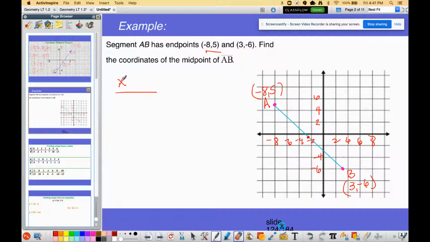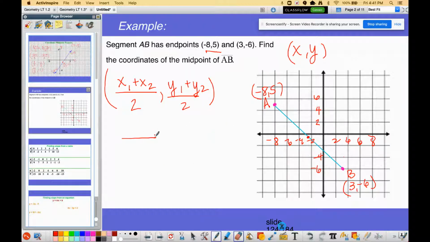To find the midpoint, it's x sub 1 plus x sub 2 divided by 2, y sub 1 plus y sub 2 divided by 2. Don't forget to put those parentheses around it because we're still calling this an ordered pair. And remember, an ordered pair goes x and then y. For my x coordinates, I would have -8 plus 3, and you could also see them right up here, right?